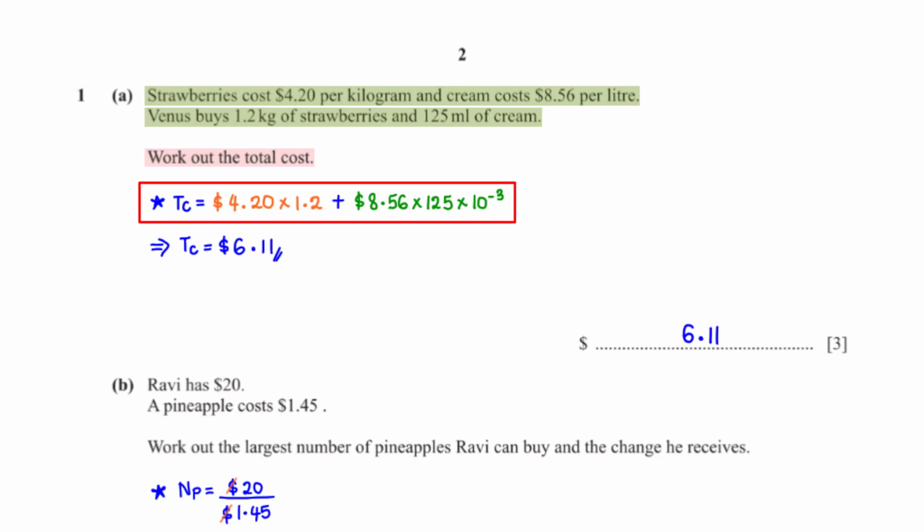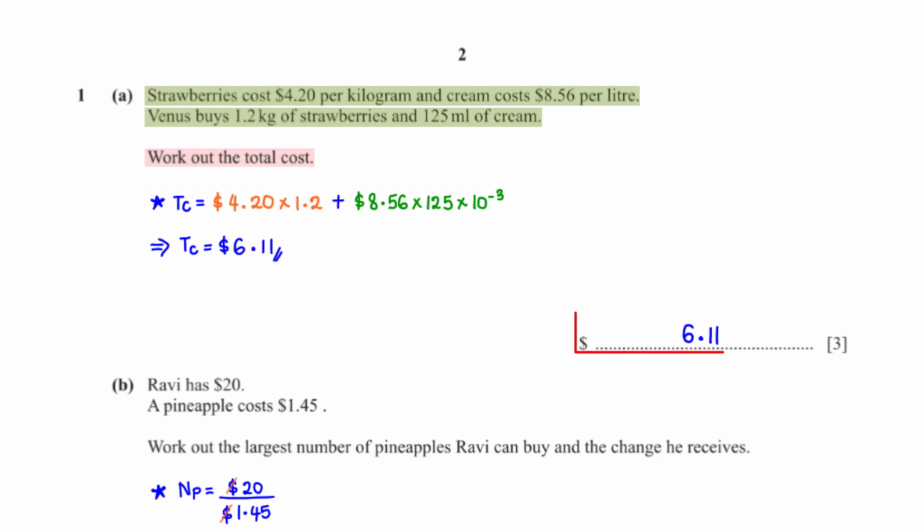The total cost would be equal to the total amount paid for the strawberries, which is $4.20 times 1.2, plus the total amount paid for the cream, which is $8.56 times 125 times 10 raised to the power negative 3. Note that we multiply 125 by 10 raised to the power negative 3 to convert it to liters. When we type this into the calculator, we get $6.11.